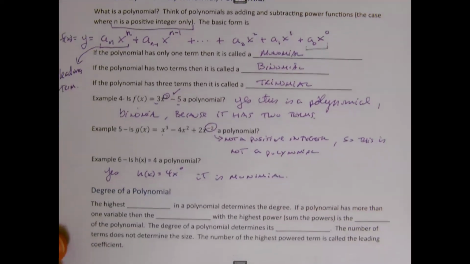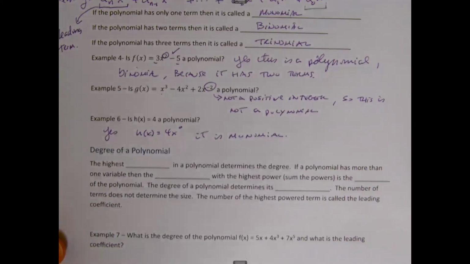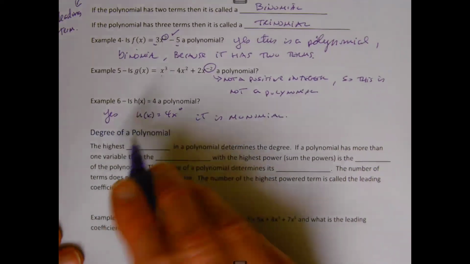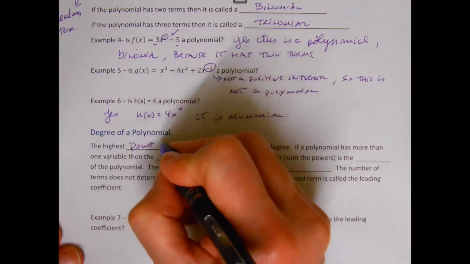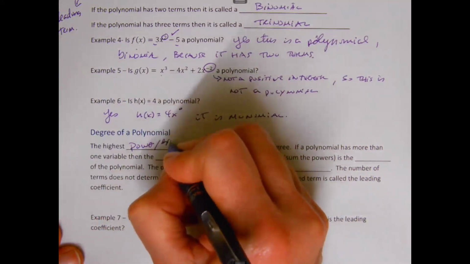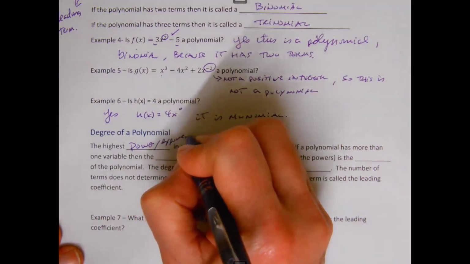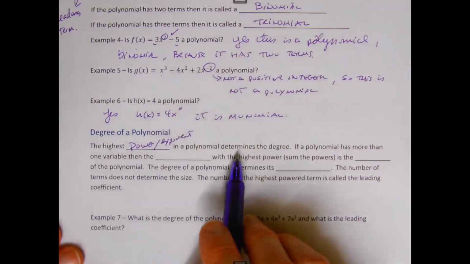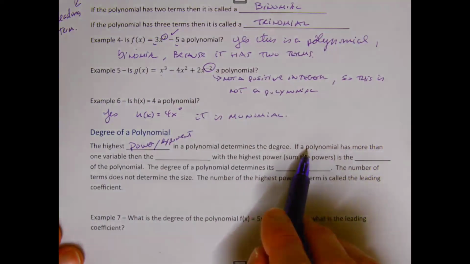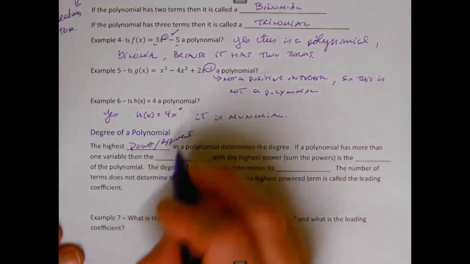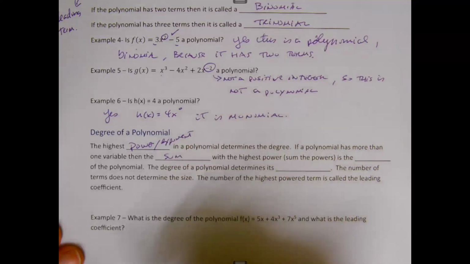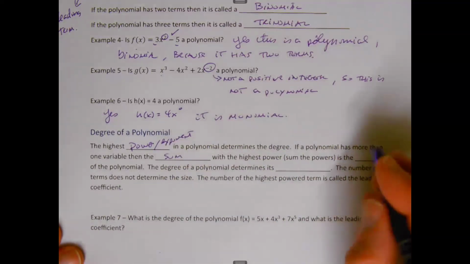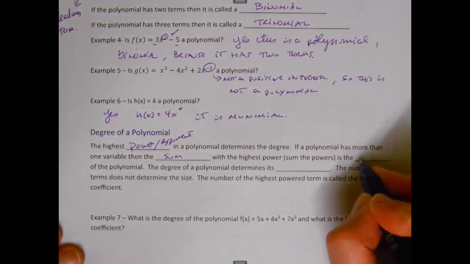So now we get to this next part here, which is the degree of a polynomial. The highest power exponent, really, in a polynomial determines the degree. If a polynomial has more than one variable, then the sum with the highest power is the degree of the polynomial.